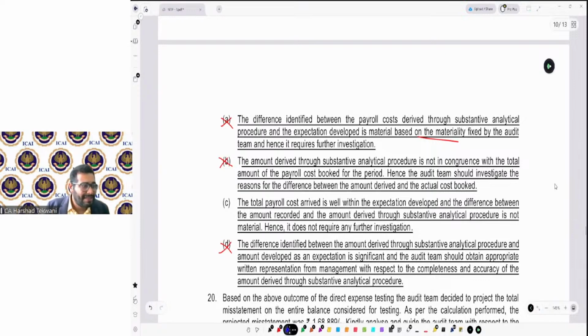My correct answer will be C, that the total payroll cost is well within the expectation developed, and there is no further requirement of any investigation of the difference. Clear? Any doubt with respect to this?